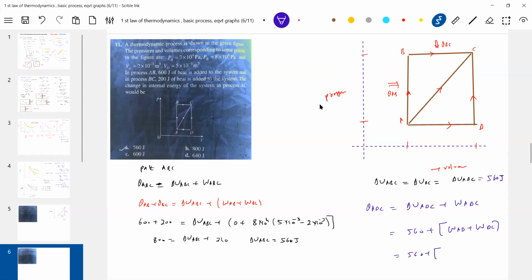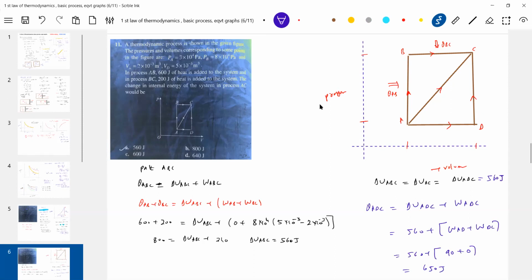Pressure is 3 into change in volume, the same thing. So this will be 390? 560 plus 90 will be 650. So what is the heat absorbed in the path ADC? Equal to this much.